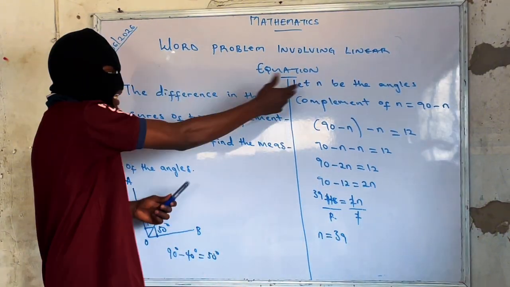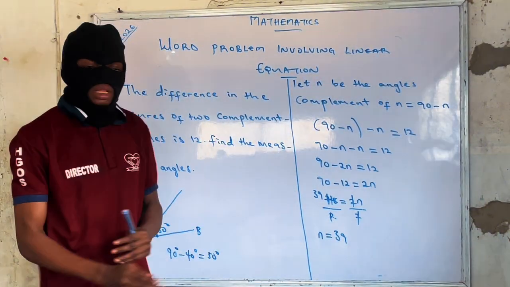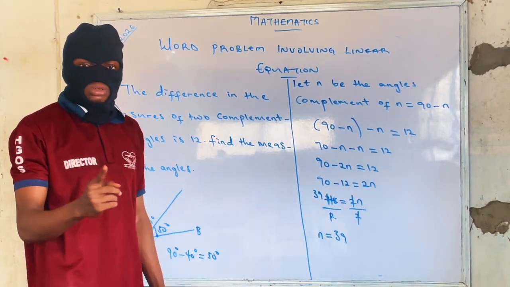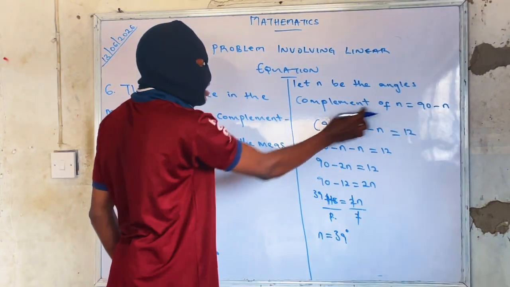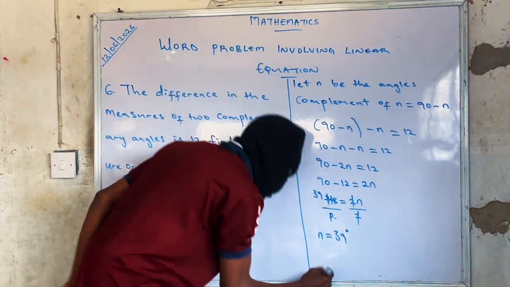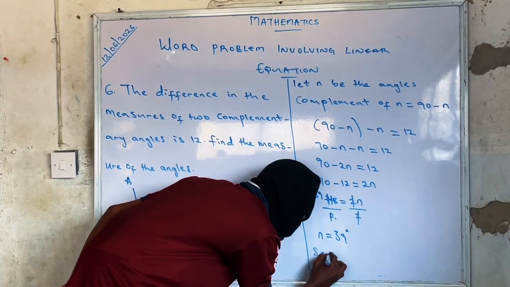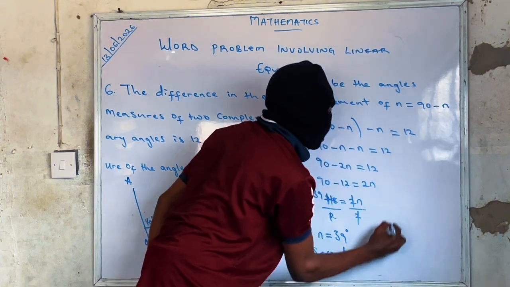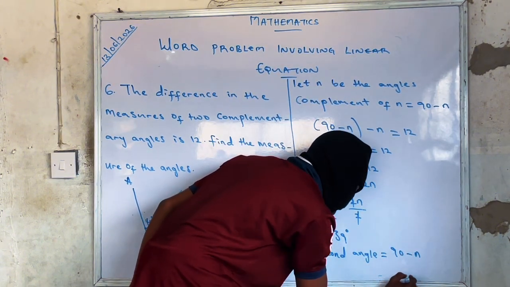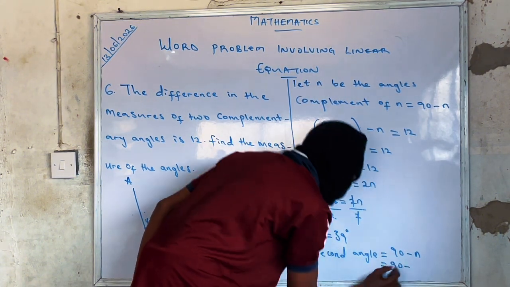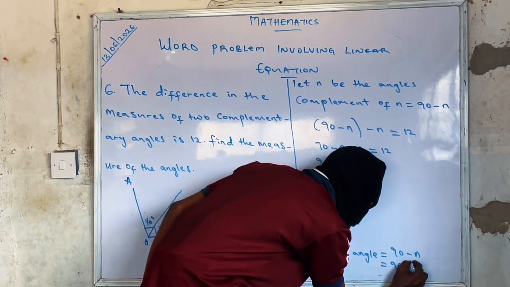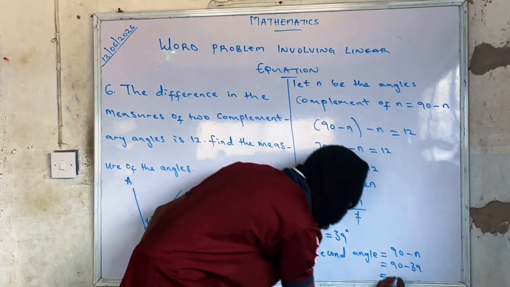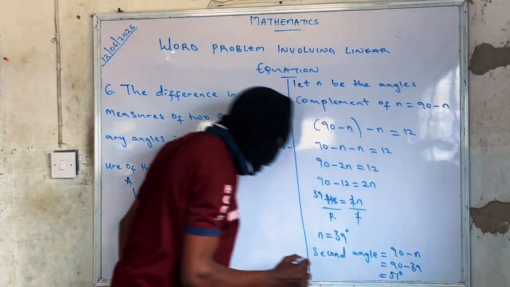Now you can see he said let N be the angle. We have already looked for N, so it means this 39 is one of the complementary angles. So 39 degrees, and the second one is 90 minus N. So the second angle is equal to 90 minus N. Our N is equal to 39 degrees. So the second angle will be 90 minus 39, which will give us 51 degrees.